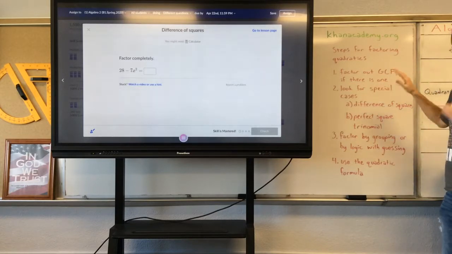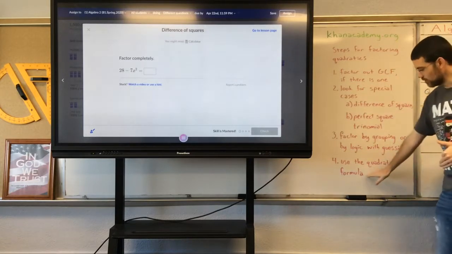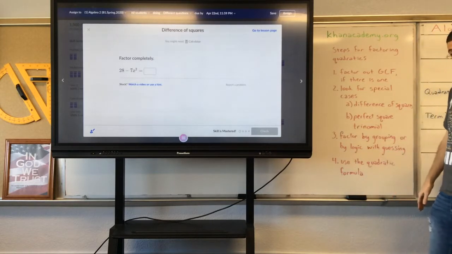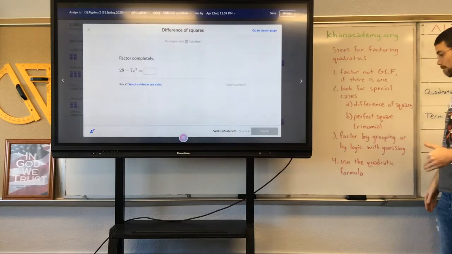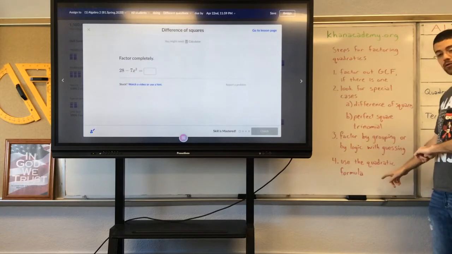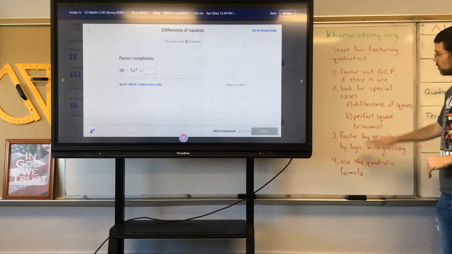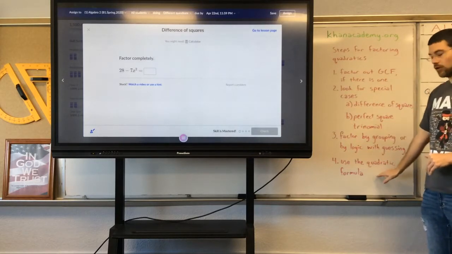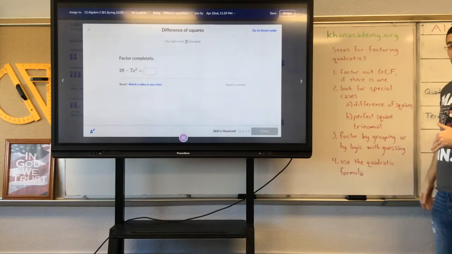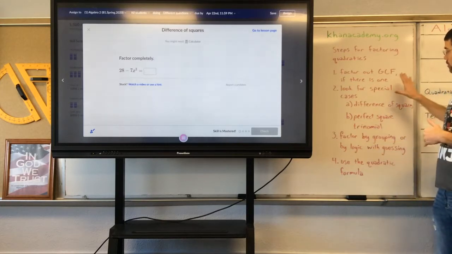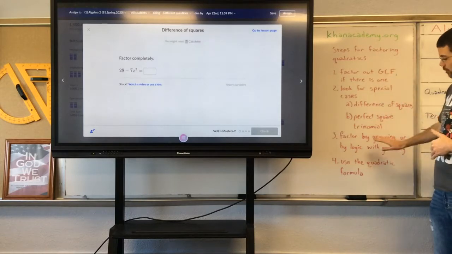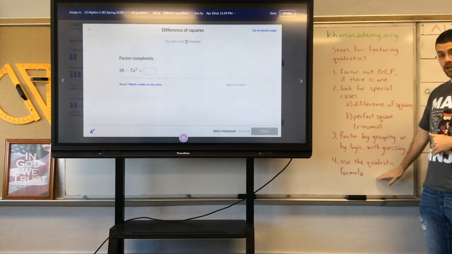And then, well, almost always, you can always do the quadratic formula, which we haven't come to yet in this series of learning. At some point, when you have the quadratic formula at your disposal, you really don't have to do any of these first three steps. Although, if you get used to doing these first three steps, they can get you the answer quicker than the quadratic formula can.